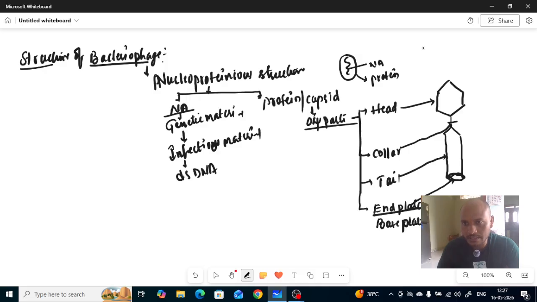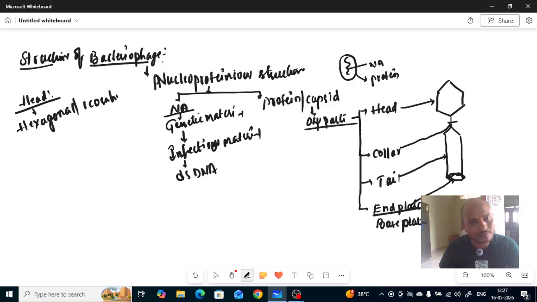The shape of the head part is hexagonal or icosahedral. This head part contains the genetic material, double-stranded DNA, and is made up of small subunits called capsomers.